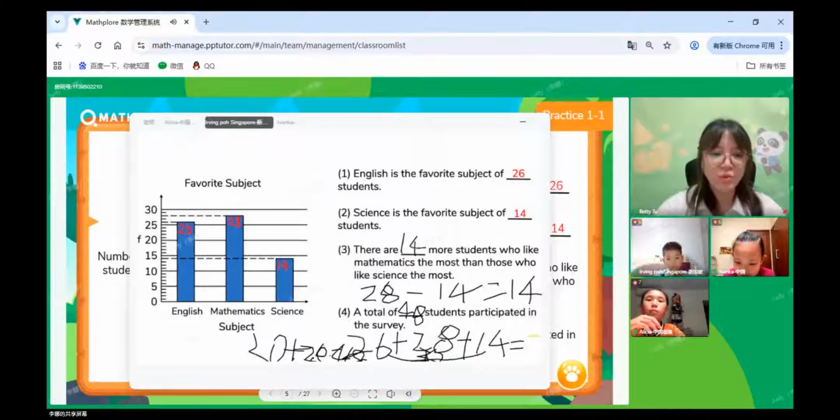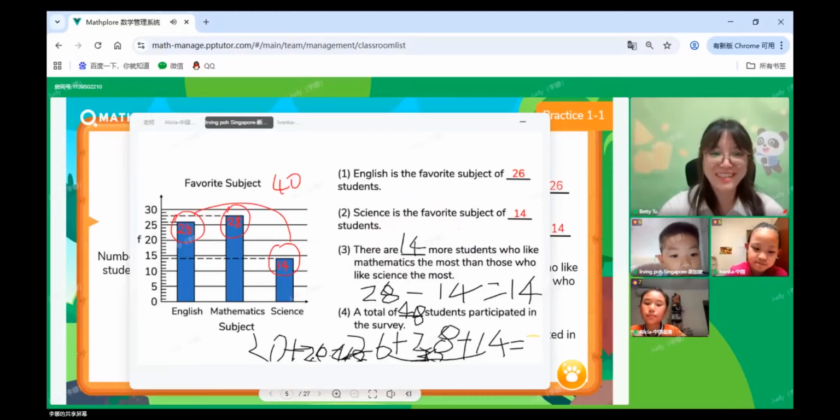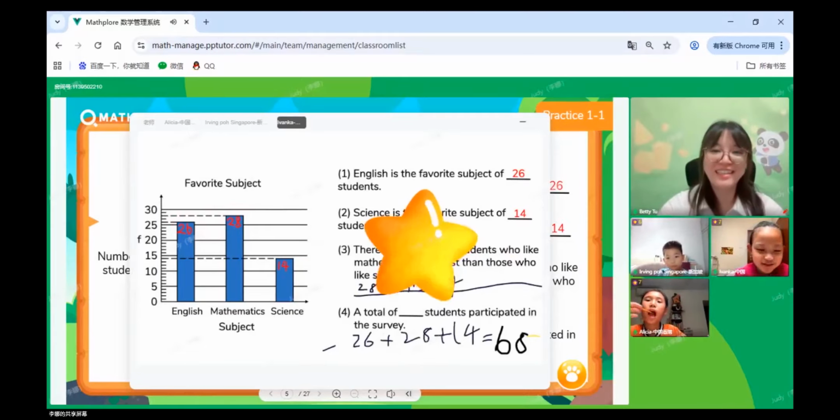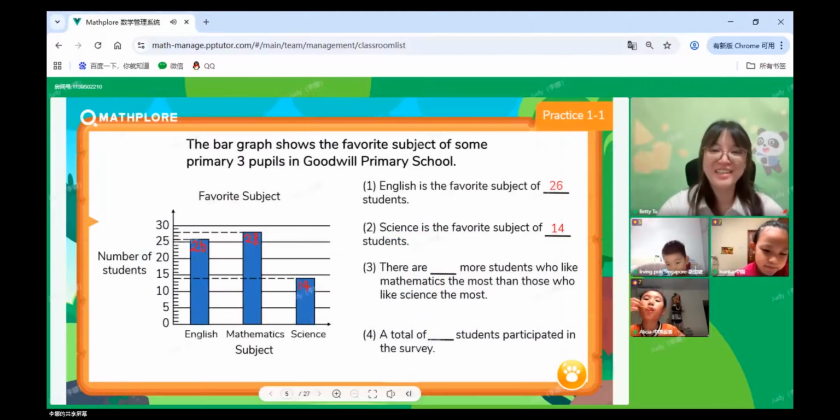Irving, which means we need to add them all together, right? So 26 plus 14 equals 40. Irving, 10 plus this one. 6. Good. 68. Okay, good.